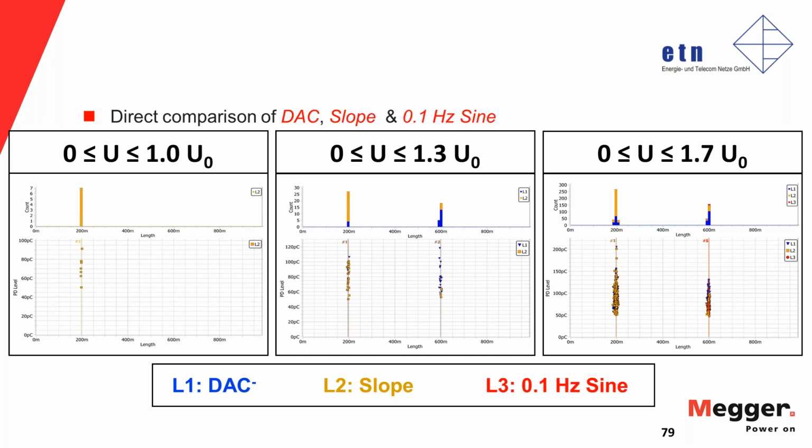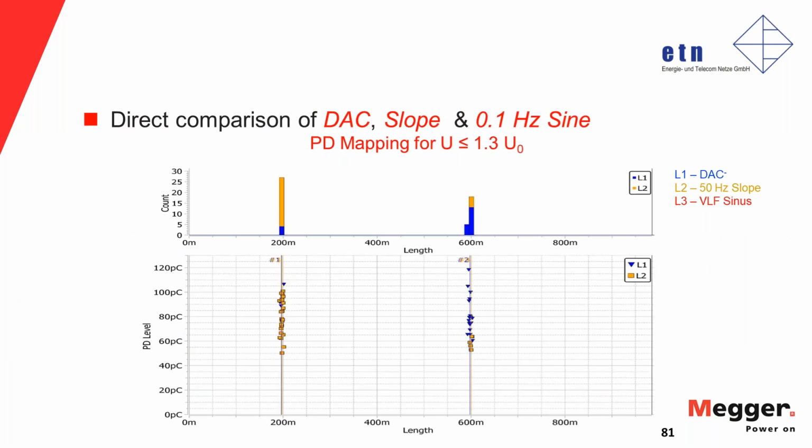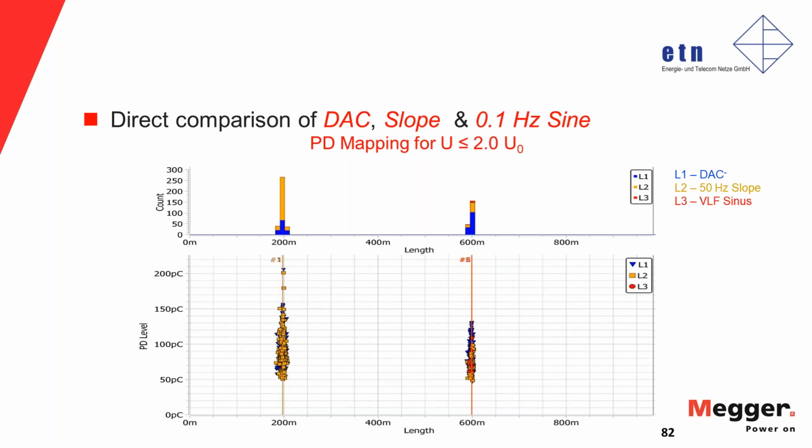You can see that up to operating voltage, slope and damped AC see something, and even at 1.3 times, sinusoidal is silent, and only later on at higher voltage does it start to pick up. Very important here, this is the PD mapping again. The slope catches it first, at operating voltage already. The damped AC follows in a similar pattern, similar clouds and magnitude, and then the sinus follows.